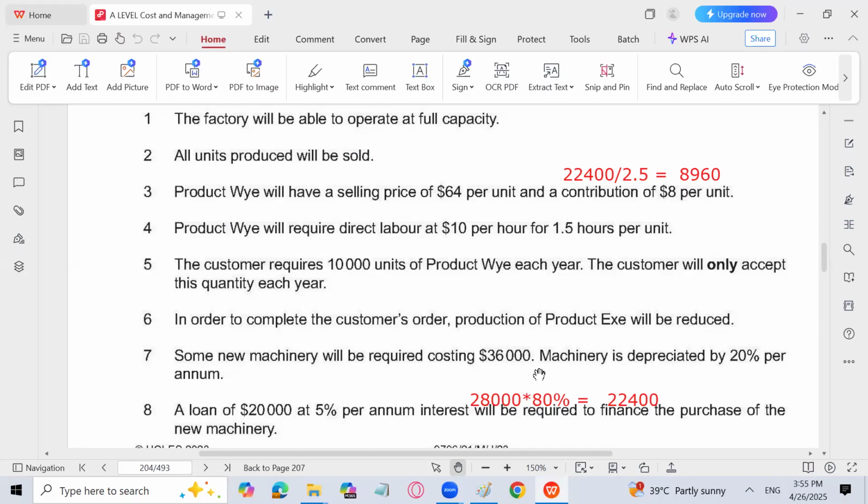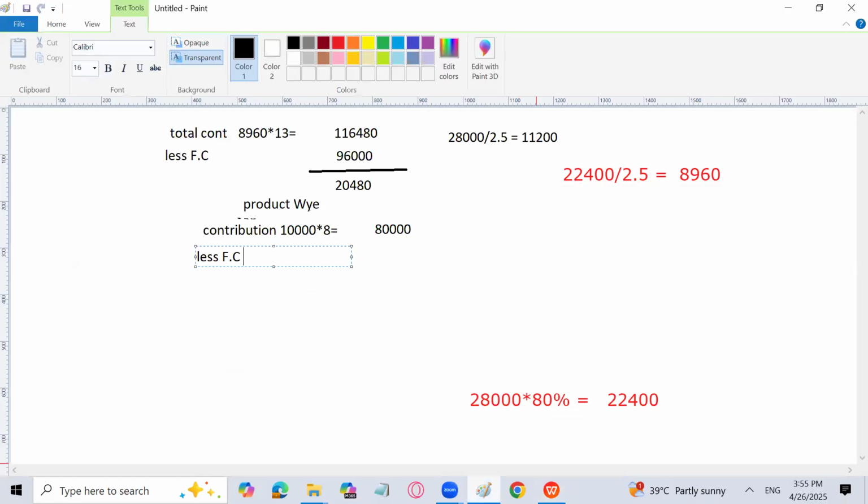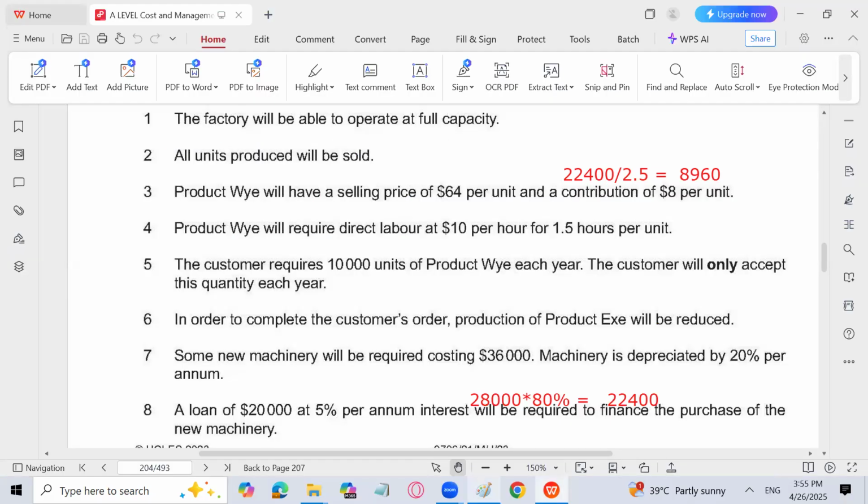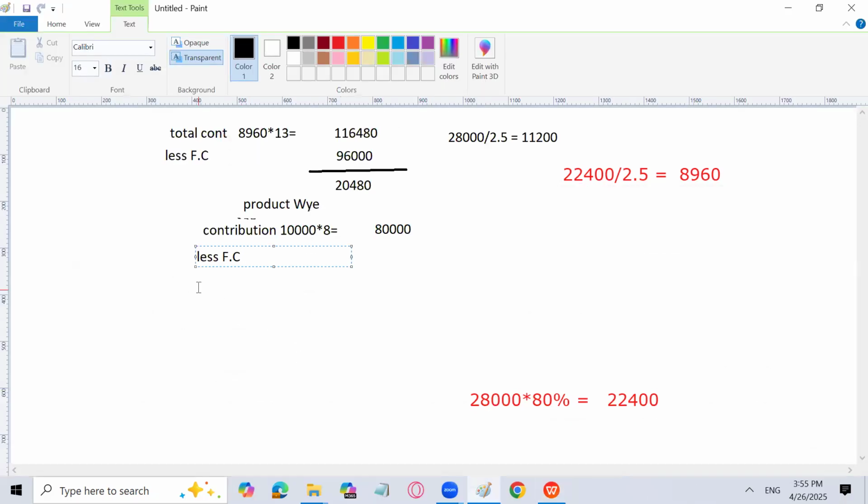So the total fixed cost will remain the same, which is 96,000, but some fixed cost will increase: depreciation on machinery and interest on loan. So let's calculate that. The other fixed cost that we have will remain the same.